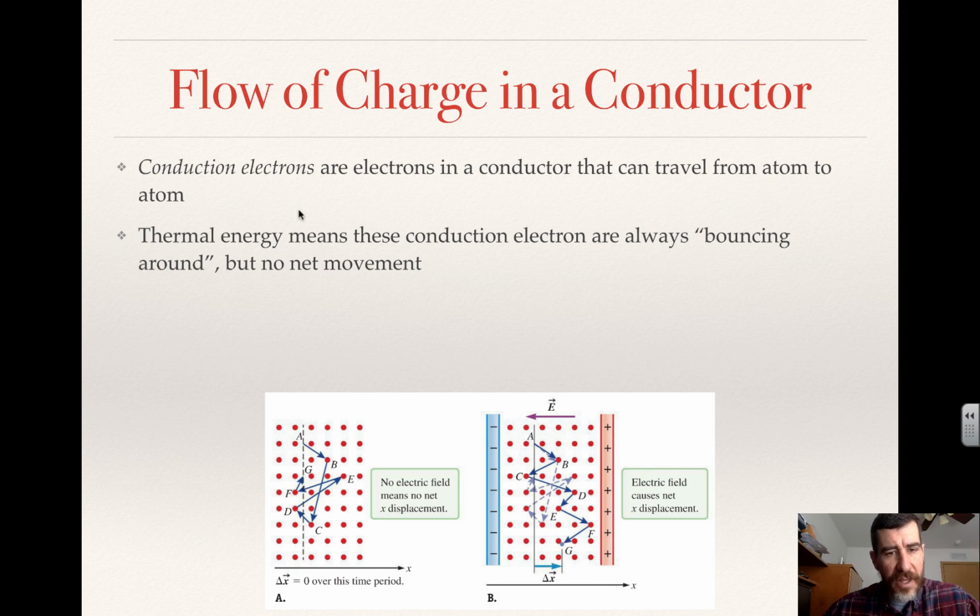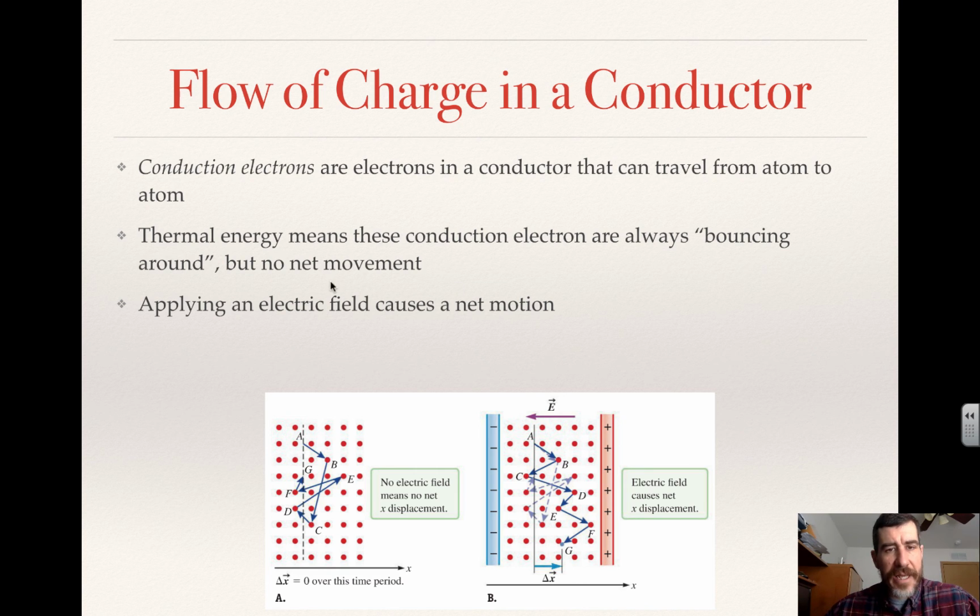However, if you don't have any net electric field or anything like that, they bounce around from atom to atom, but there's no net movement, right? So you imagine you've got all these little electrons kind of randomly moving about from atom to atom, but there's no net movement from one place to another.